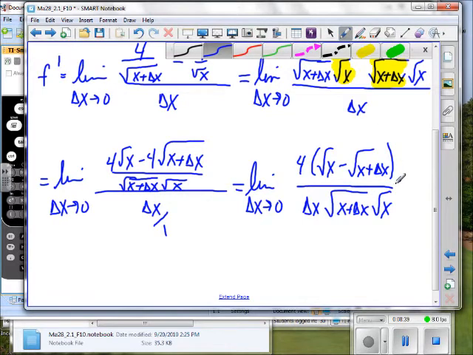But what do I multiply with? I don't square it, but I do something close to it. What do I do? Pardon? Someone said something I think was very close, if not absolutely correct. Yeah, what is a conjugate? What would the conjugate be for this?